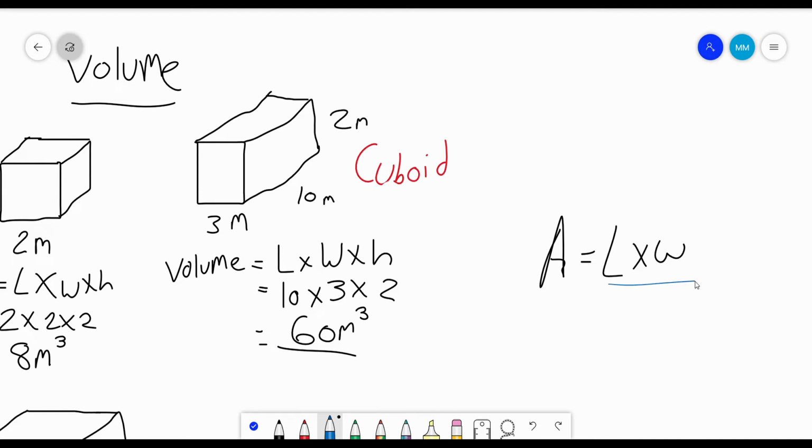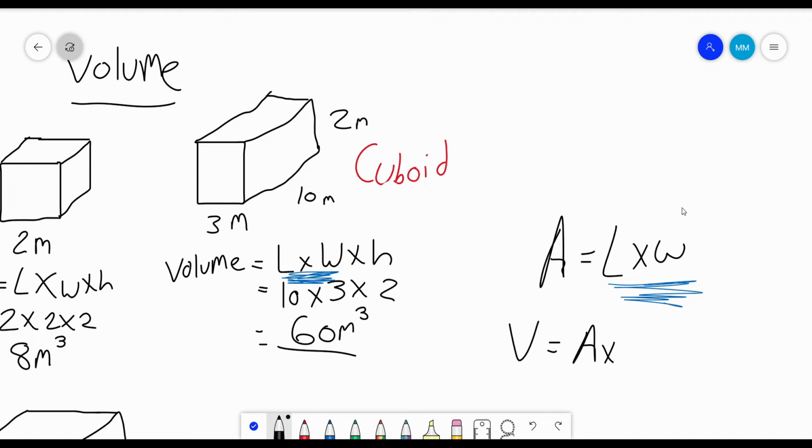There's an L times W over here, and there's an L times W over there. So we could have said that volume equals area of the front face times, well, the area of the front, well, okay, I'll rephrase that.